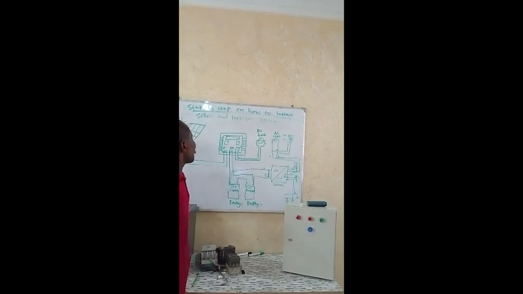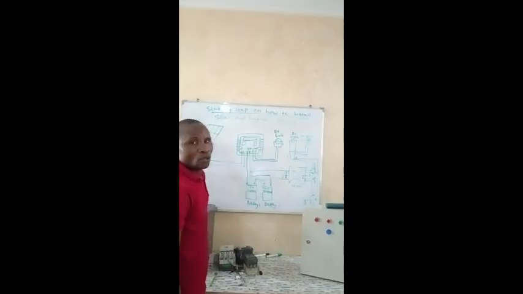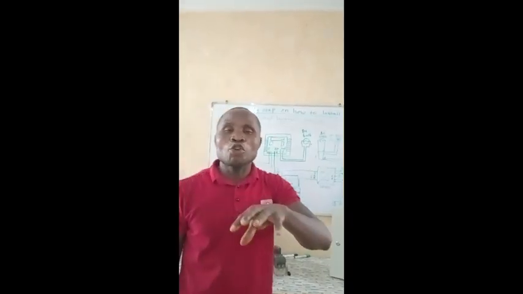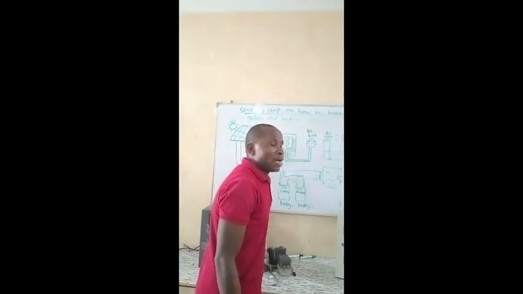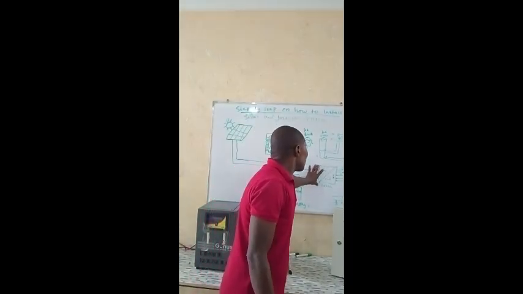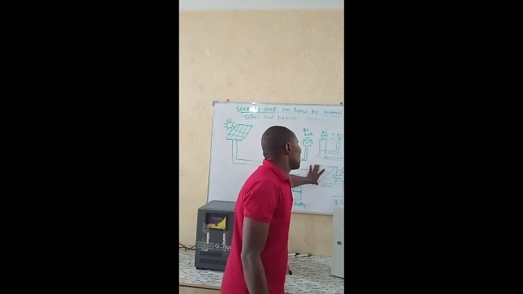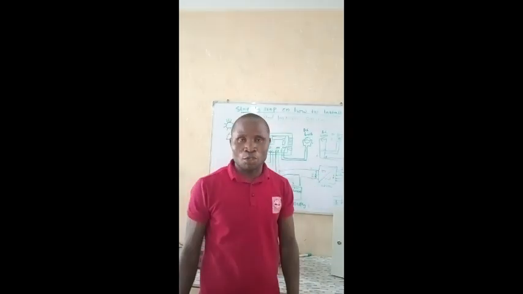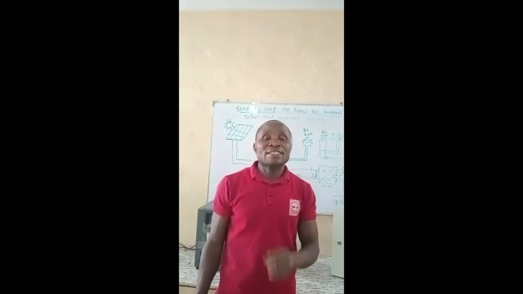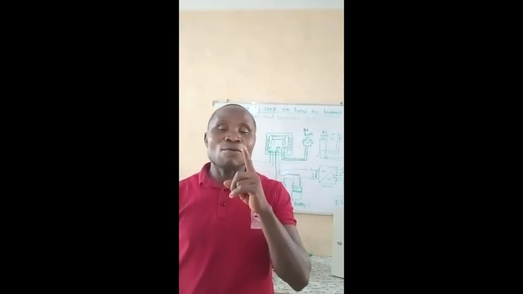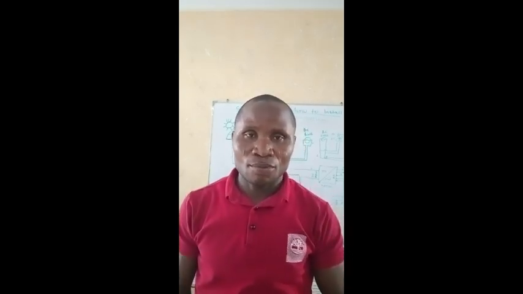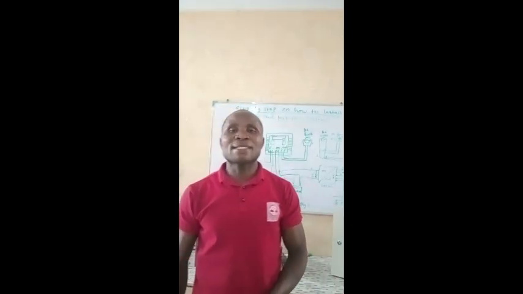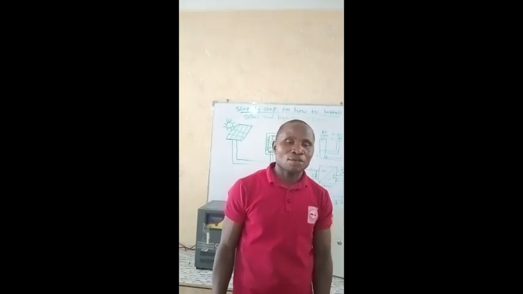This panel is prone to thunder strike. So there is a need for you to protect your charge controller and your inverter from surge. And that is where we bring in the breaker box.